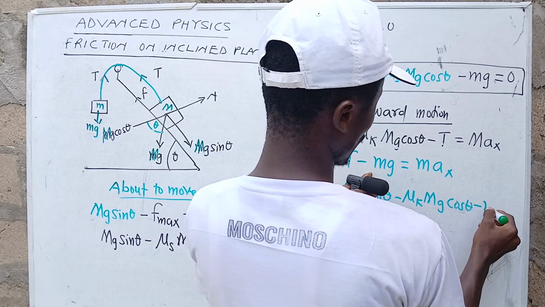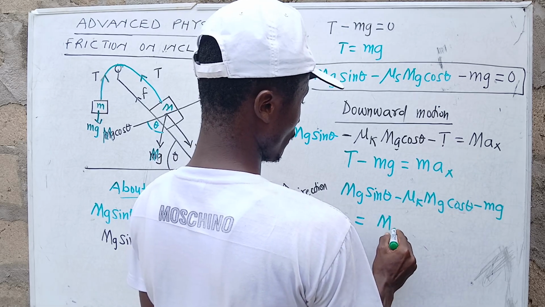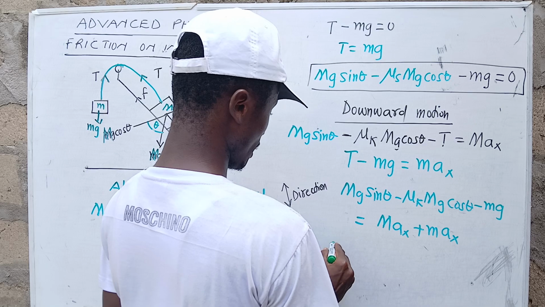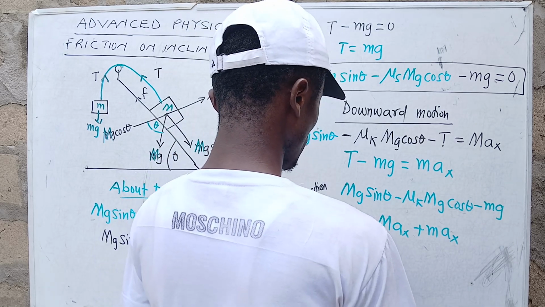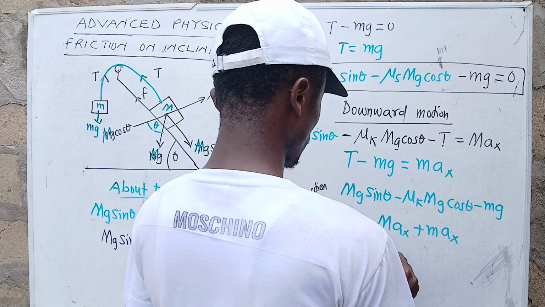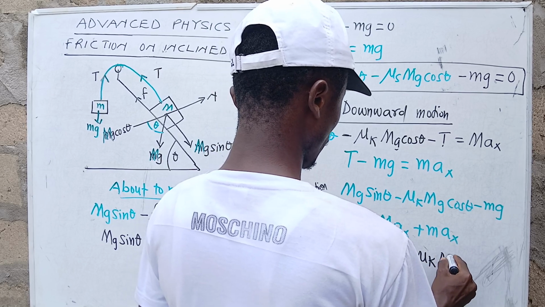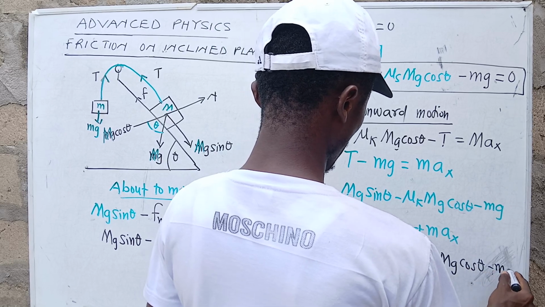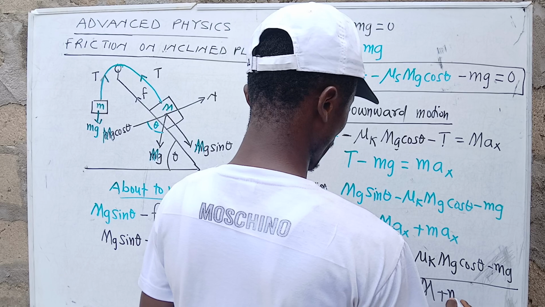We have minus small mg is equal to capital M a_x plus small m a_x. Then a_x would give you Mg sine of theta minus mu k capital Mg cosine of theta minus small mg, divided by capital M plus small m.